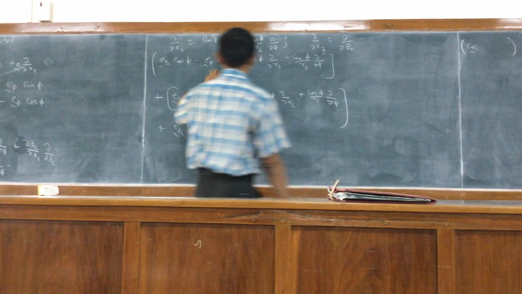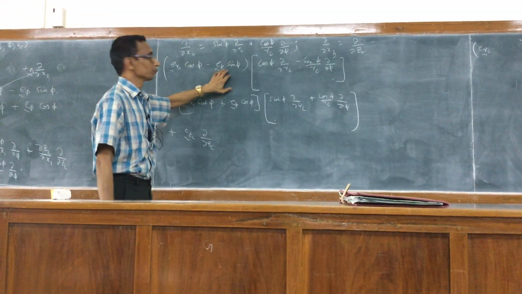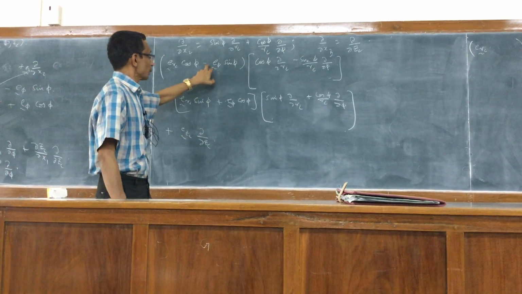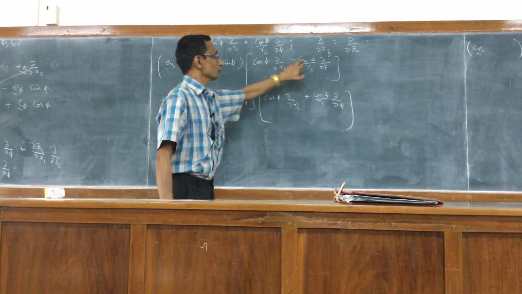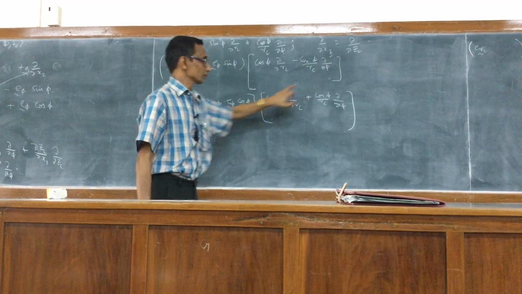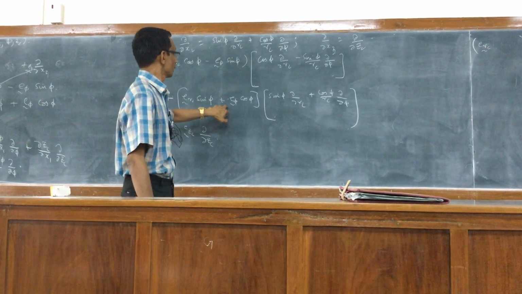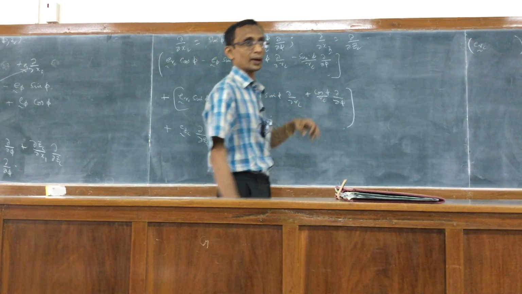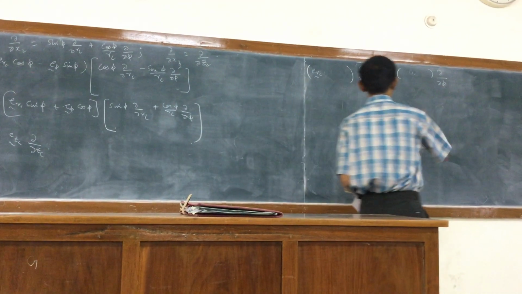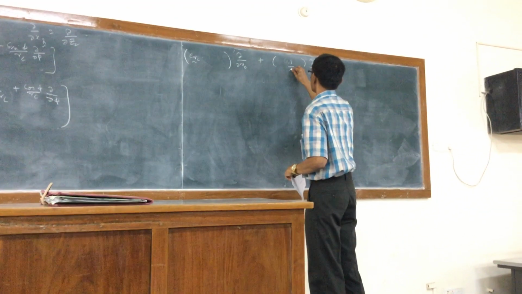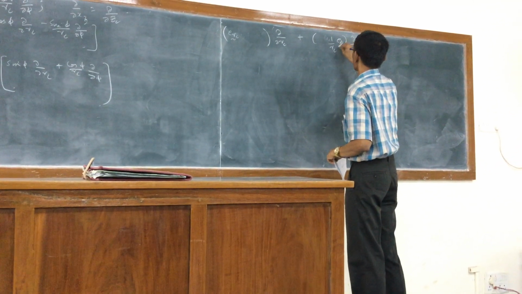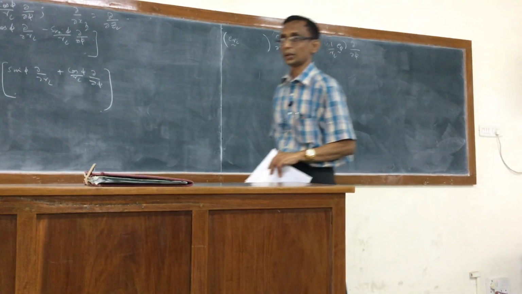And then you look at the other term coming out from E phi. That is sin squared phi by rc, and then plus cos squared phi by rc, so that would simply be 1 over rc d by d phi.